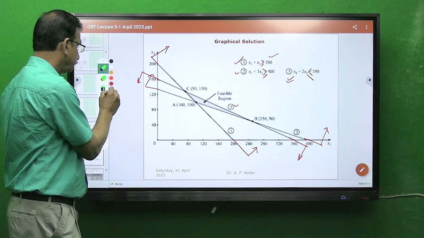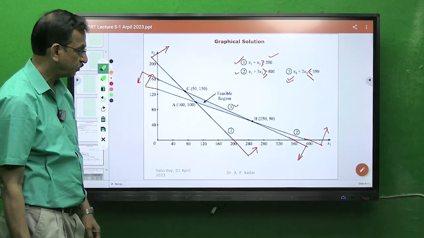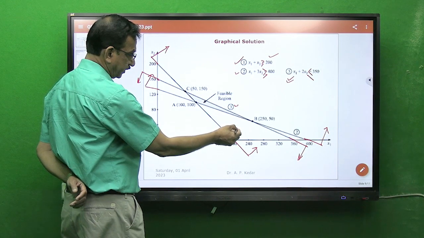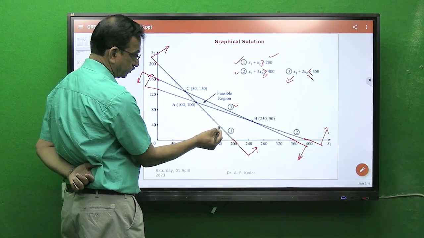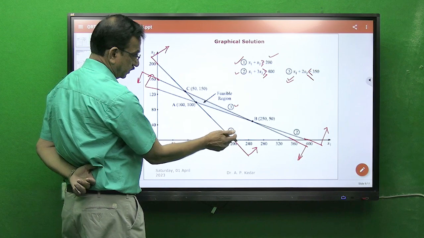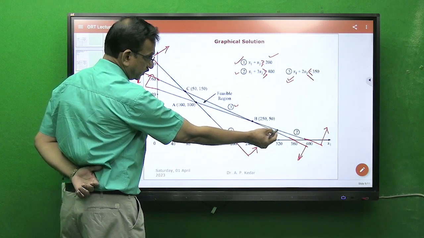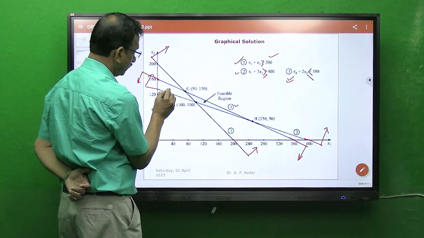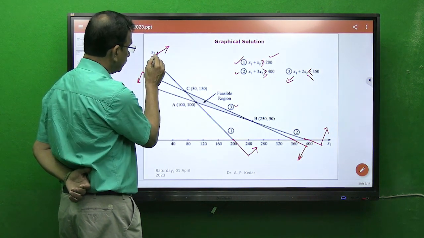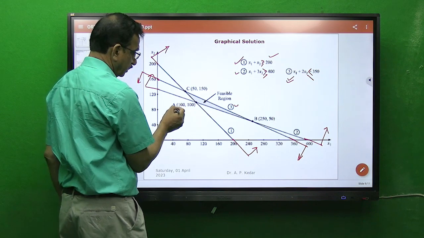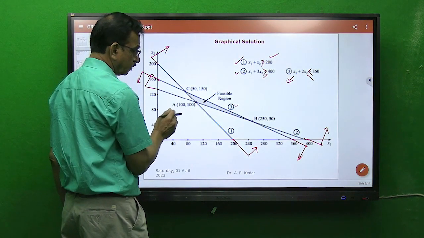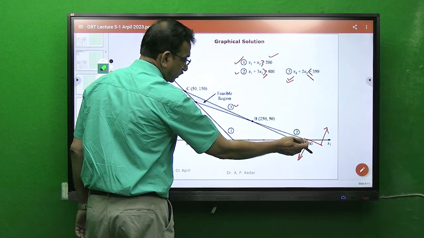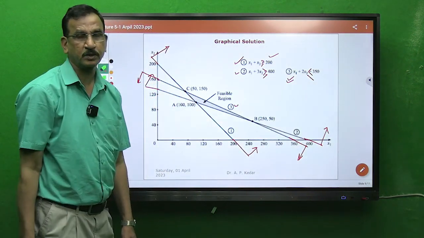Now what do you have to do? See, this region is not permitted. It is satisfied only by this line and this line, but not by this second line, so this is out of the question. Similarly, these regions with respect to the x1 and x2 axes are out of the question. This region is also out because the second constraint is not satisfied.